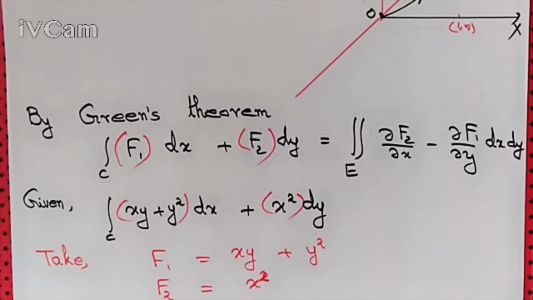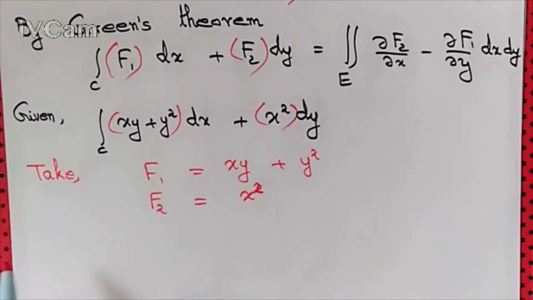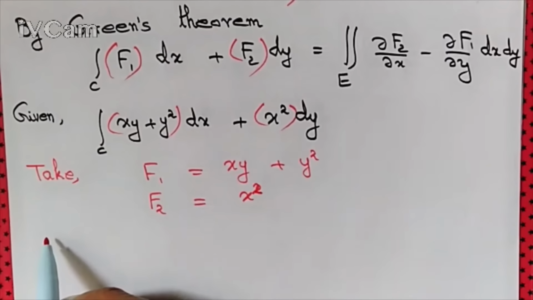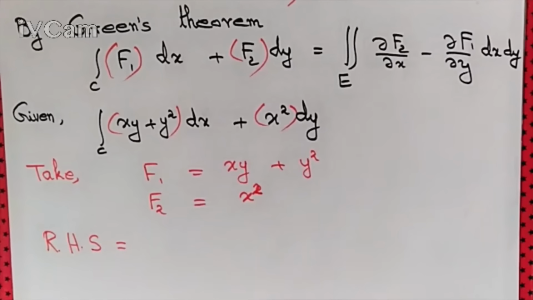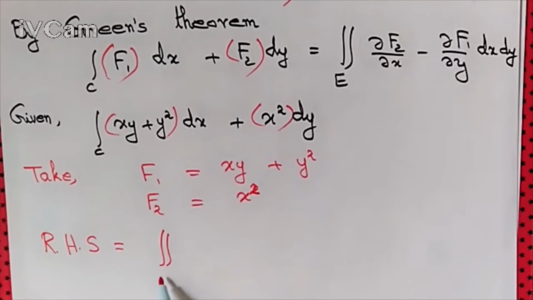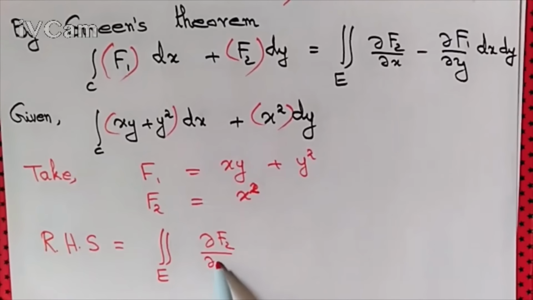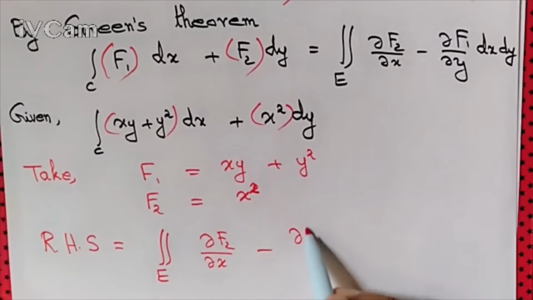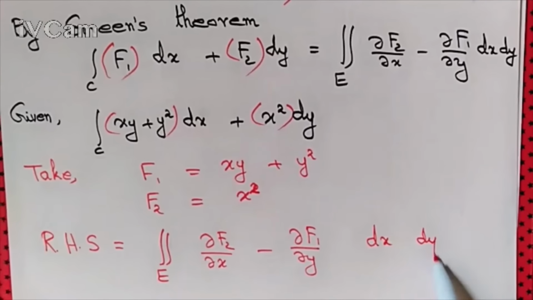Now let's compute the RHS. We believe that will be much easier for us. RHS equals the integral over E, whatever that region E is, of del f2 del x minus del f1 del y dx dy.